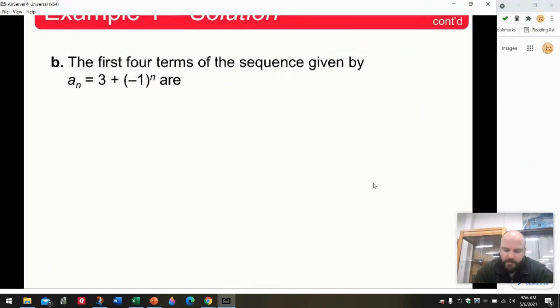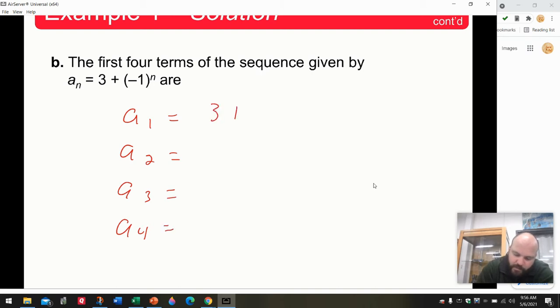Now here's another example. This says the first 4 terms of the sequence are given by a sub n equals 3 plus negative 1 to the nth power. So they want us to find the first 4 terms. So once again, we'll do the same thing. A sub 1, a sub 2, a sub 3, and then a sub 4. And we will plug in 1, 2, 3, and 4 for n and get our answer.